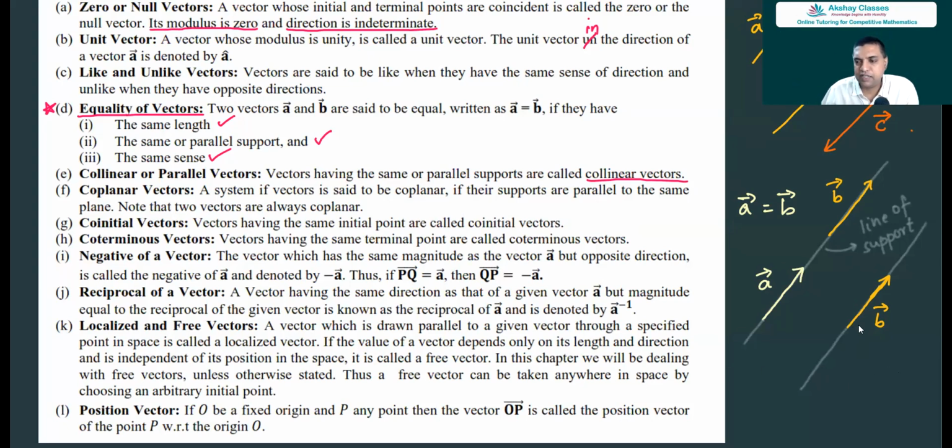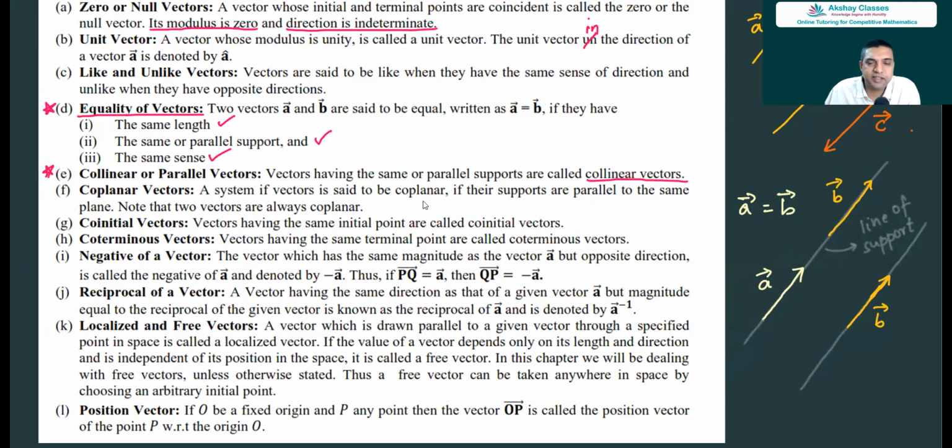Got it? No matter where I keep it, it will be the same. So I can keep the vector B in the same line of support or a parallel line of support. They are still called collinear vectors. Very important.